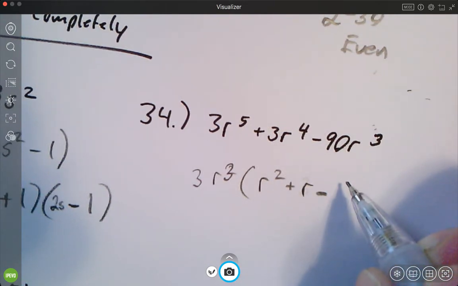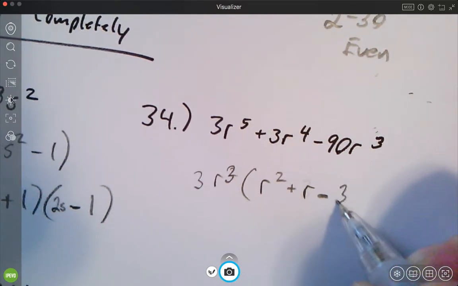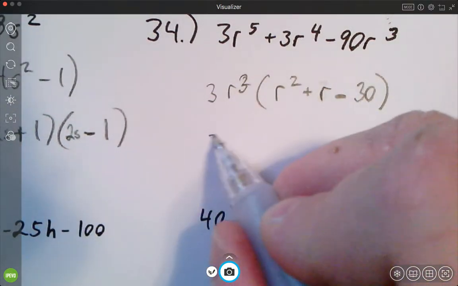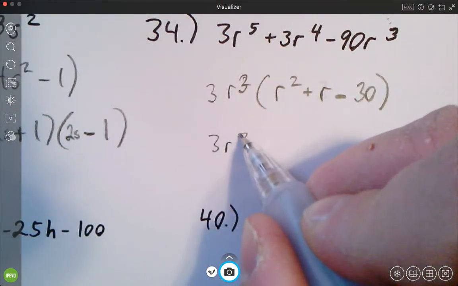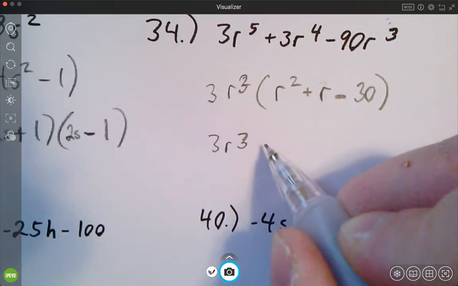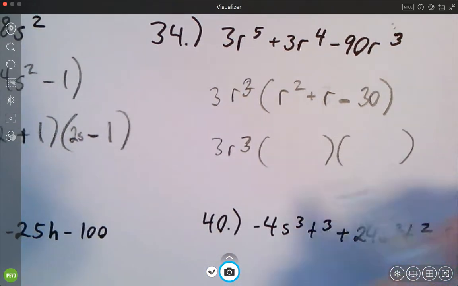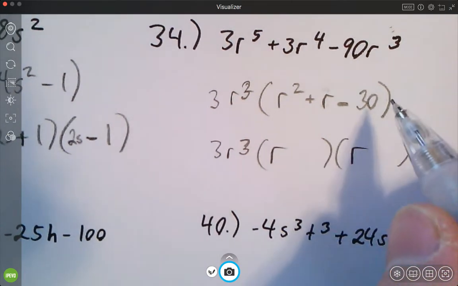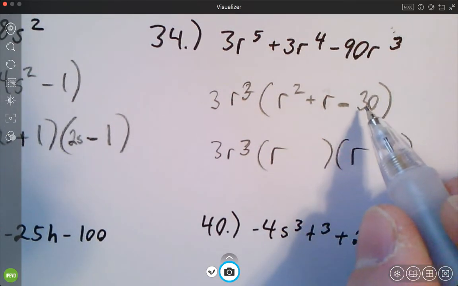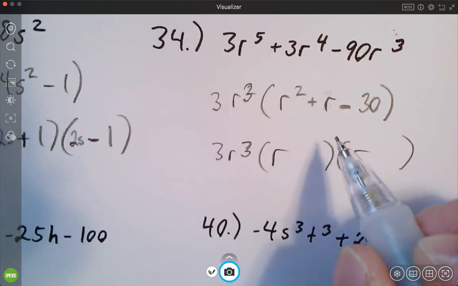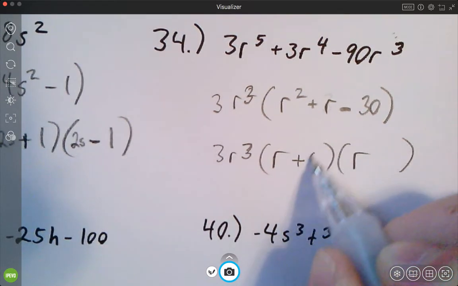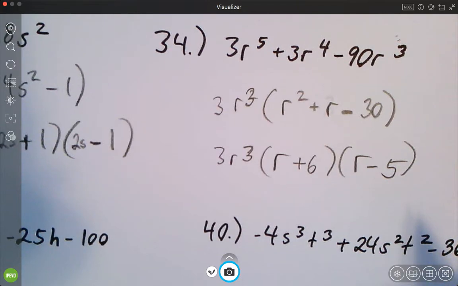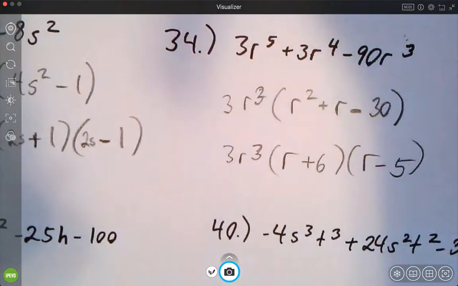That would be 30. You've got a trinomial here that can be factored more, 3r cubed, and then the trinomial looks like r, 6 and 5 would work. We want it to be positive, so we'll make a positive 6 here and a minus 5 there. And that works. So there's your answer for that one.